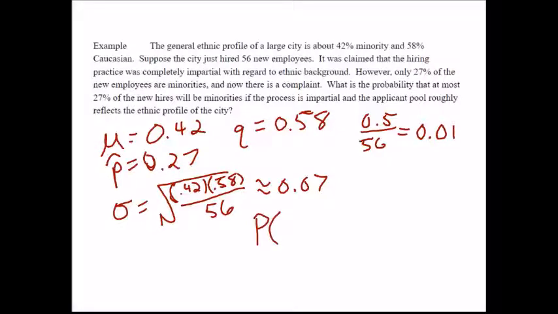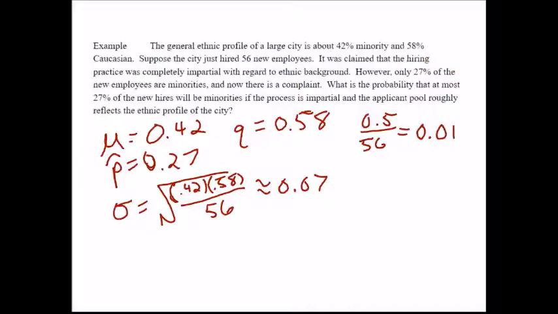Oh, and what we're looking for is the 27%. What's the probability that 27% or less, and now I know it says at most, but or less is at most. 27% at most.